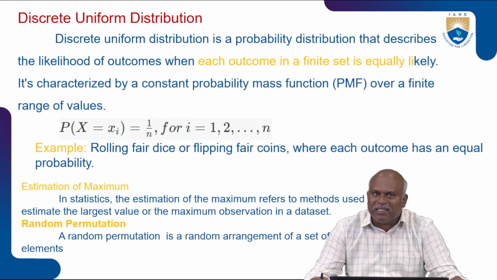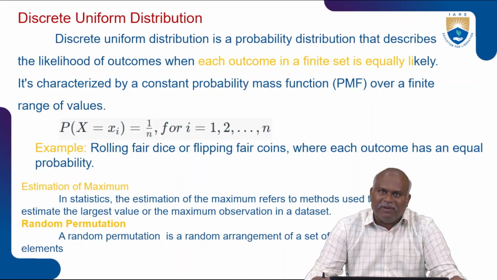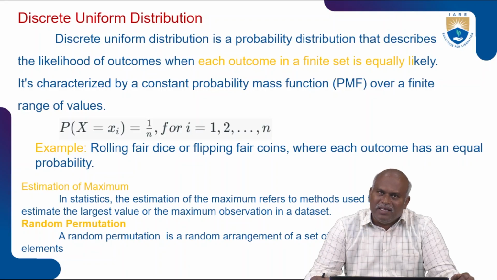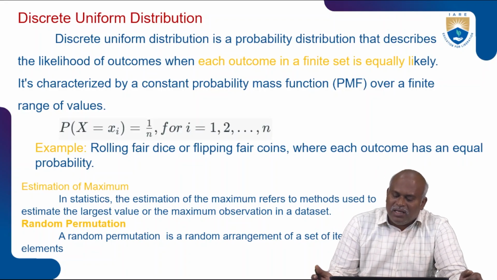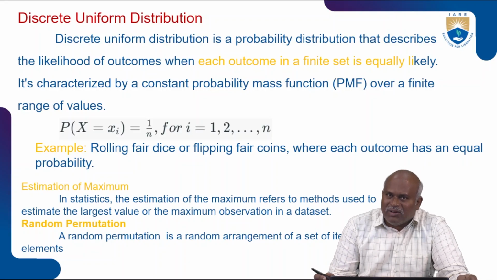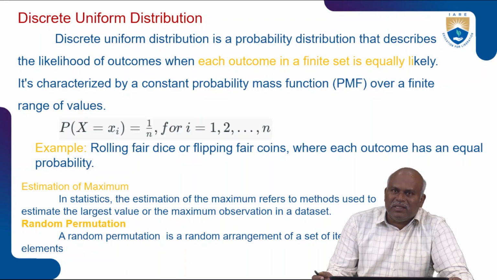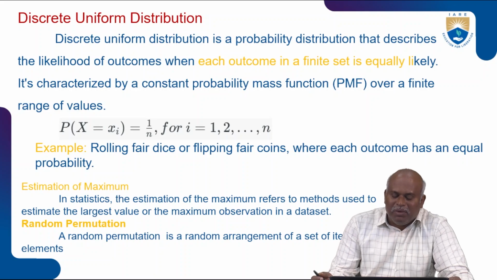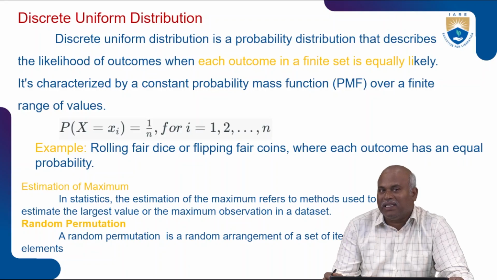First we discuss the discrete uniform distribution, with discrete values. The discrete uniform distribution is a probability distribution that describes the likelihood of outcomes where each outcome in the finite set is equally likely. Here, for the discrete uniform distribution, we measure the probability mass function, which we also consider as the probability density case.